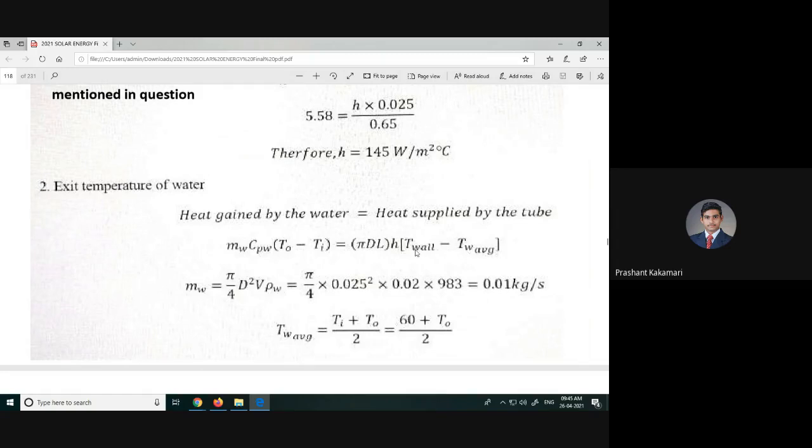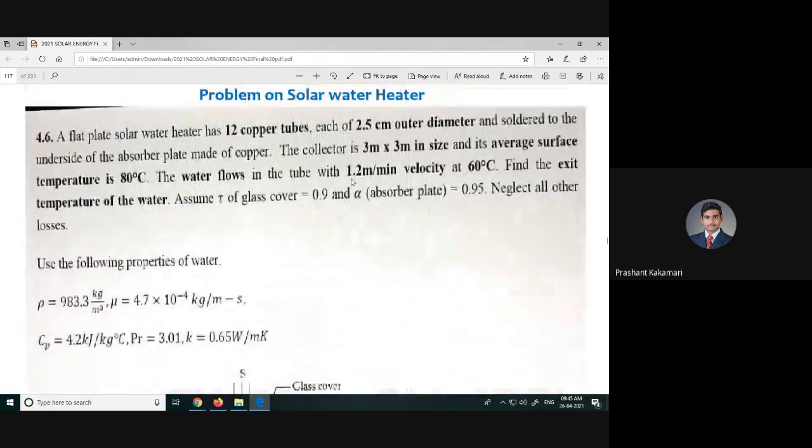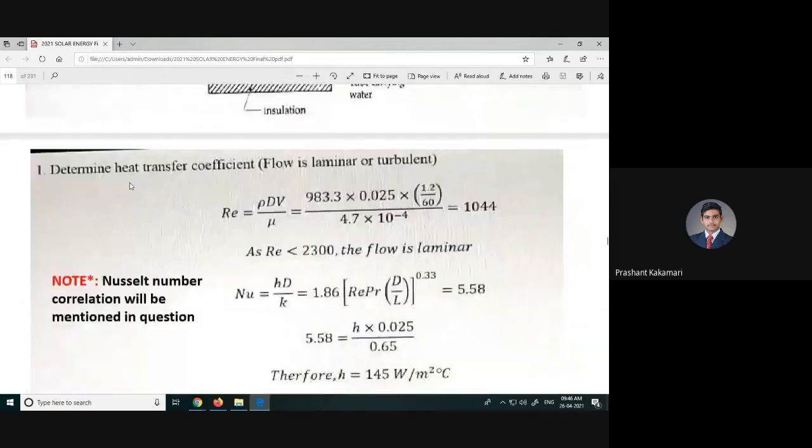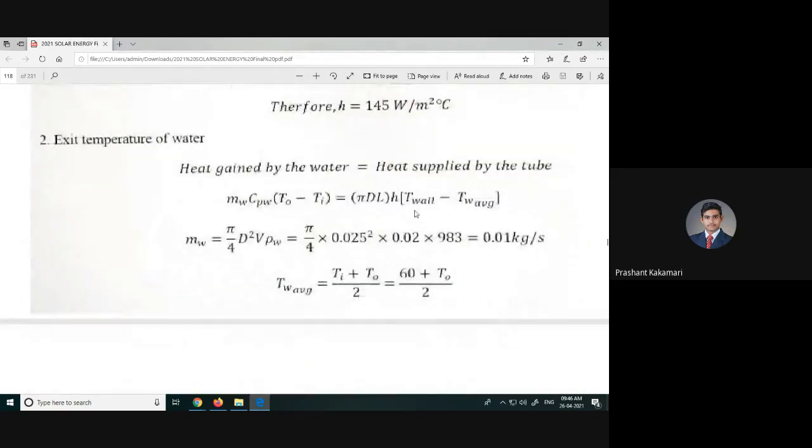For that delta T, the wall temperature is 80, given in the problem, higher temperature minus lower temperature. 80 is given for the plate temperature, and the plate temperature is also equal to the tube temperature. That's why I can consider T wall as 80 minus T average. Now this is a problem here.